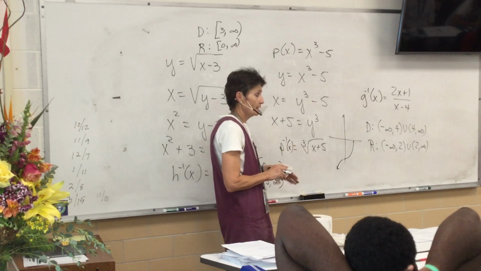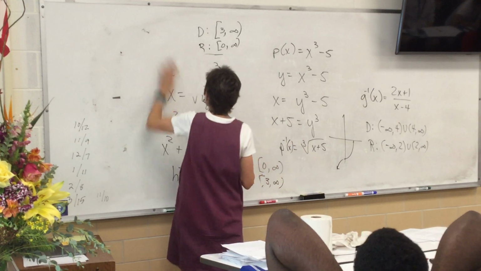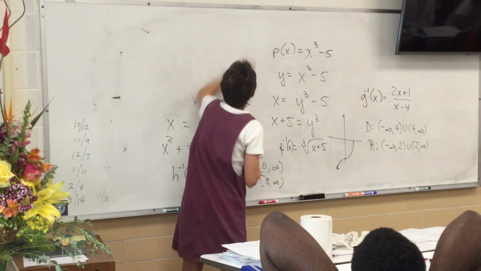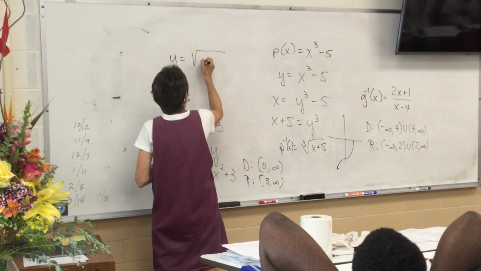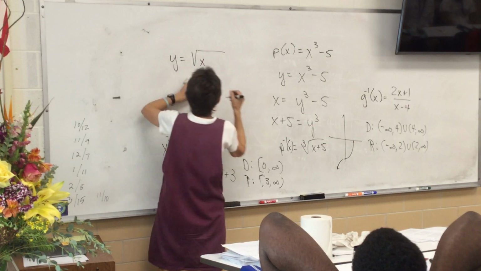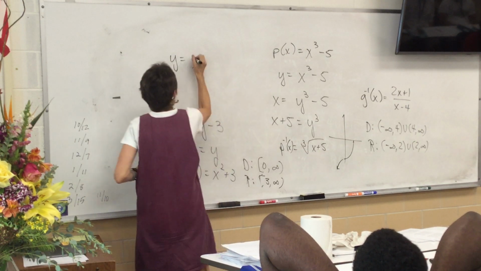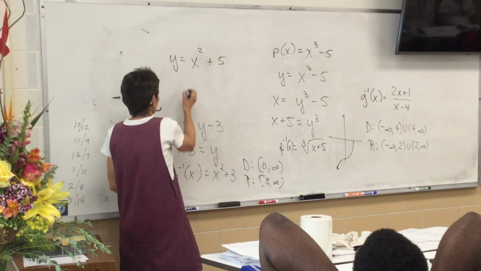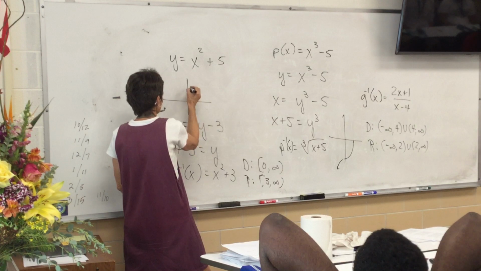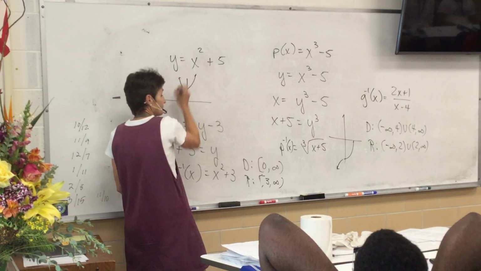So, let's just look at one. What you're talking about, the original was x squared plus 5. Okay, which we know what that looks like. So the original is right here, right?